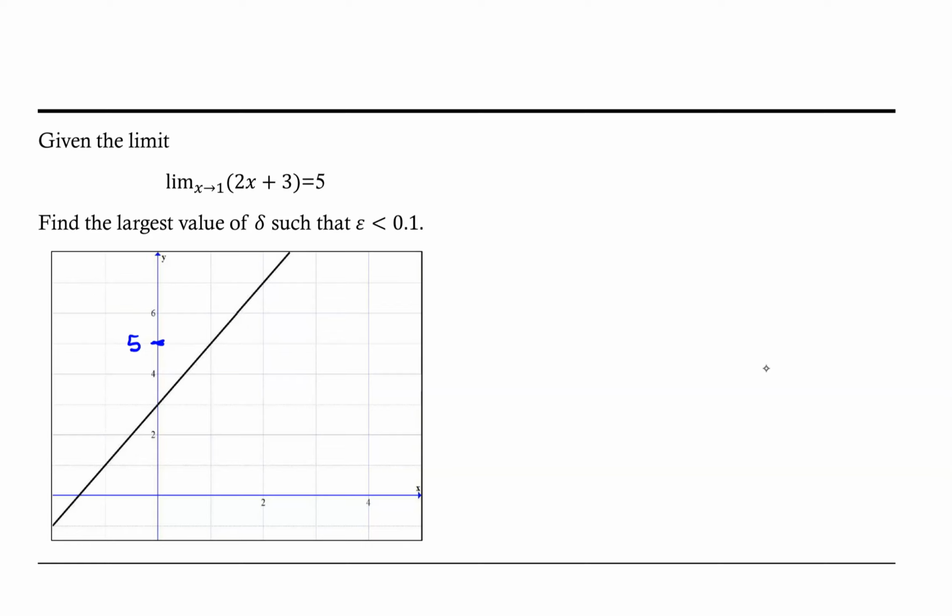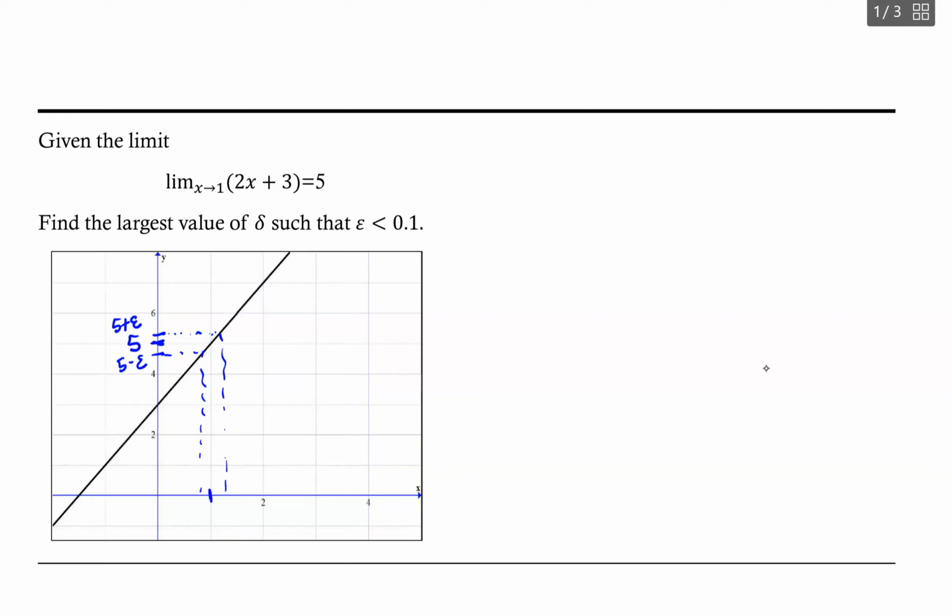So we're looking at this interval, 5 plus epsilon, 5 minus epsilon, and what we want to have happen is we want to find the corresponding interval on the x-axis.